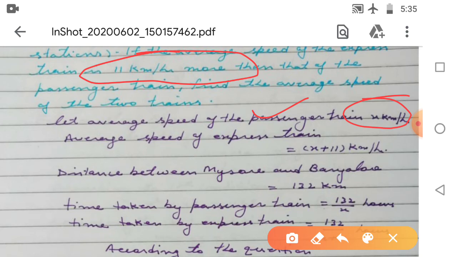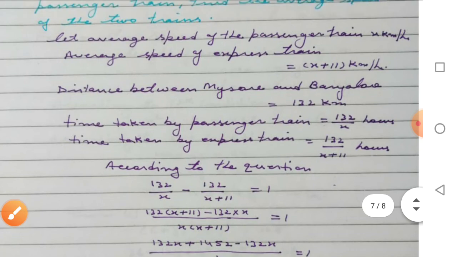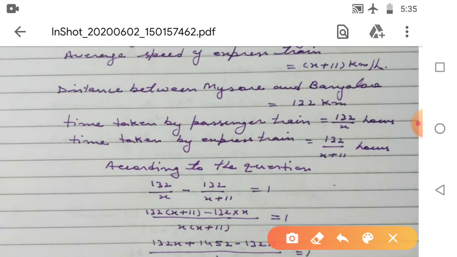The speed of the passenger train is x kilometer per hour, and the speed of the express train will be x plus 11 kilometer per hour, right. Now, it is given that the distance between Mysore and Bangalore is 132 kilometers. So, the distance is given, and we have speed also.